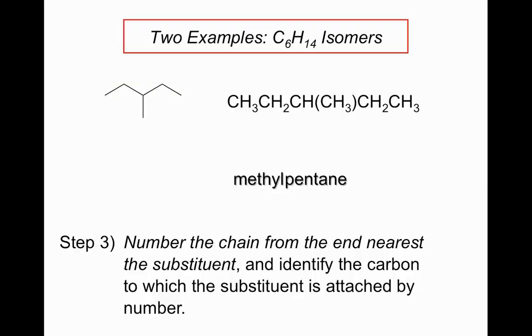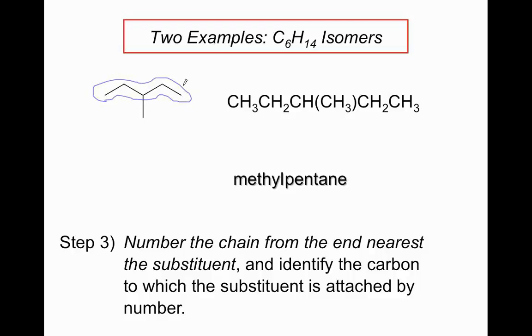Final step, number the chain from the end nearest the substituent and identify the carbon to which the substituent is attached by its number. Let's circle that basis again just to keep track. Hopefully you'll notice by now that if we count from either end, the methyl group is an equivalent distance, because it's in the middle of the molecule and the molecule is symmetric.